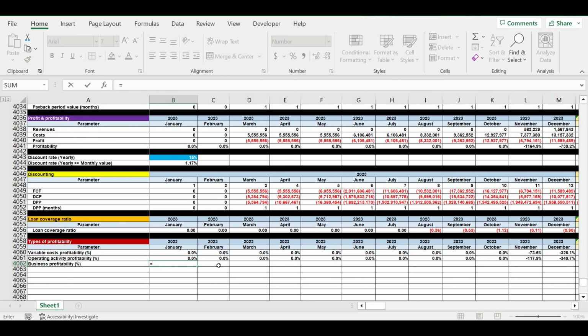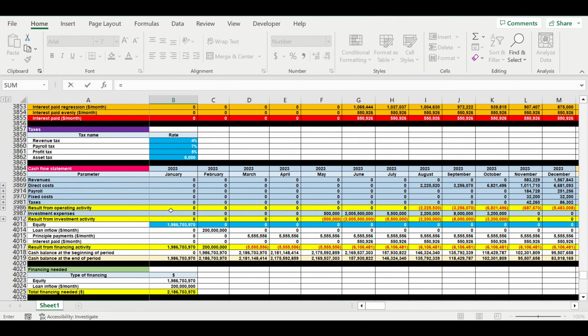So this will be the result from operating activity minus principal payments minus interest payments, then all that stuff I will divide by the revenues.